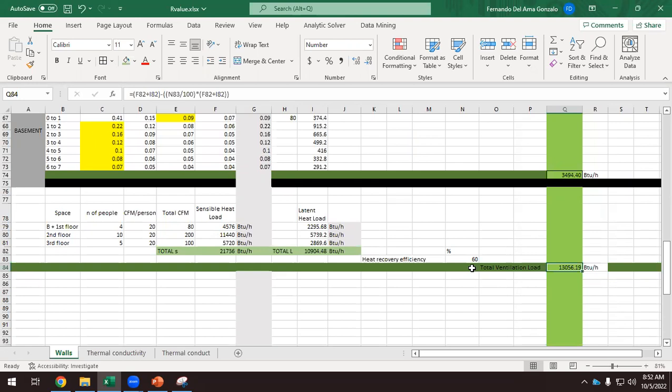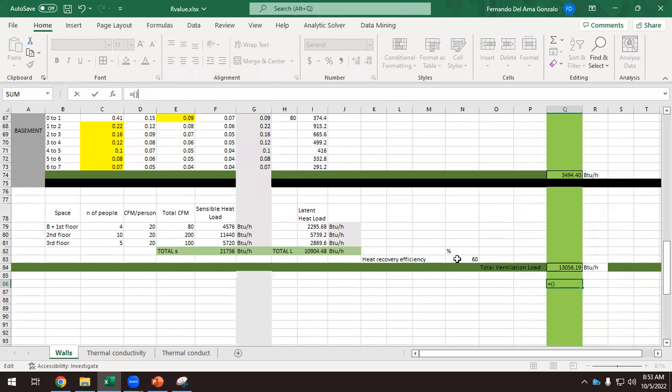Can I do it in a different way? Yes, probably. So let me try another formula here. Basically, if I recover 60%, that means that I spend 40%.